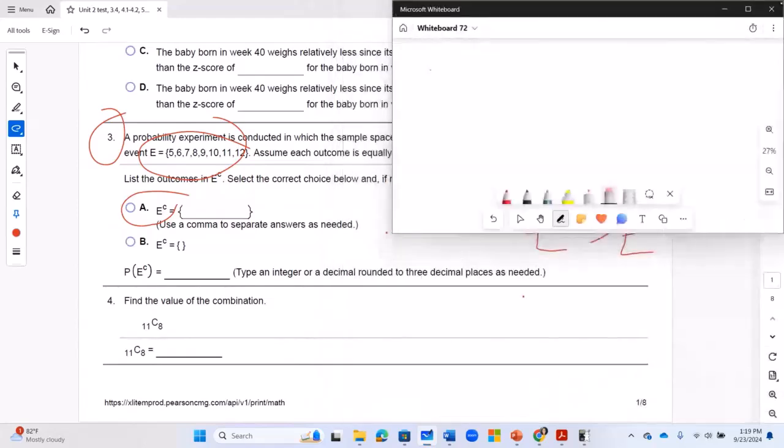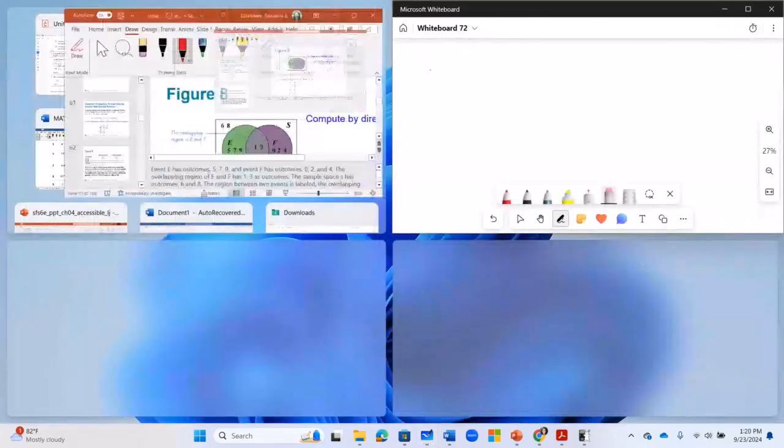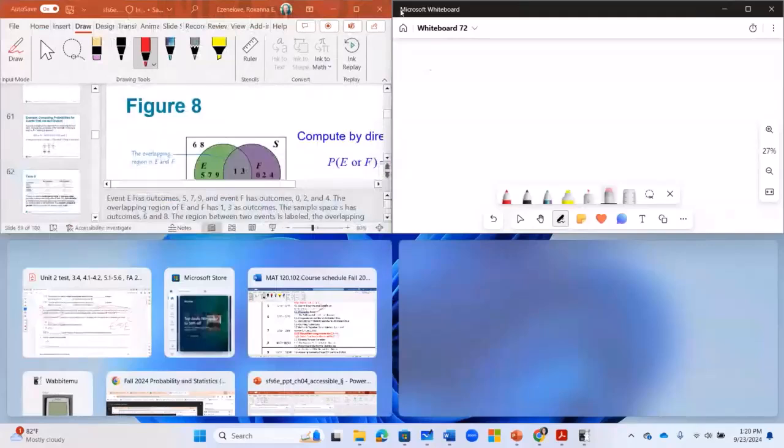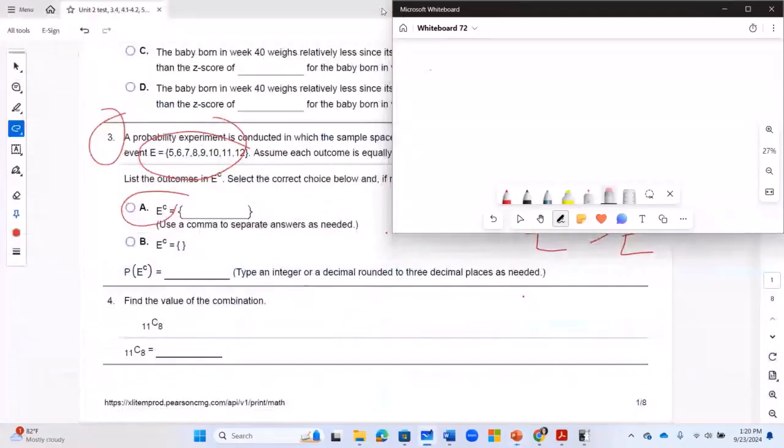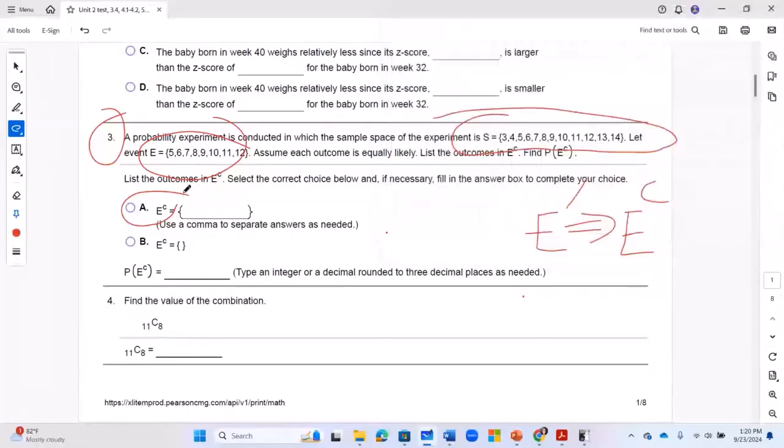So now I get my pen and take away everything that is in. Note these things are in my event E, and I'm told to find E complement. So what I'm going to do is cancel whatever is in E. I'll cancel 5 here.